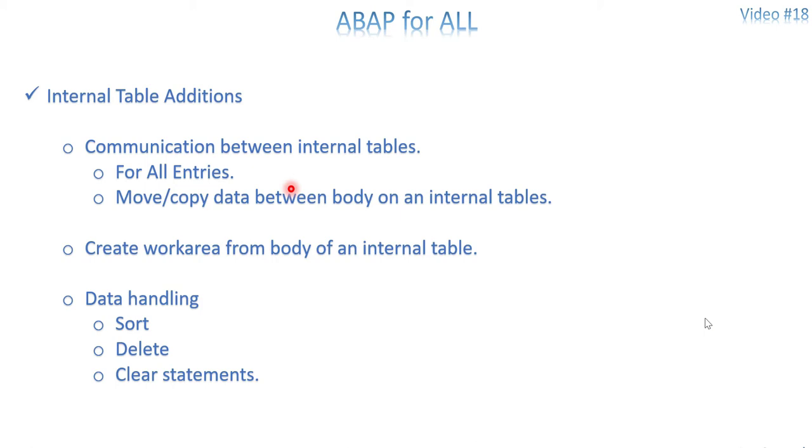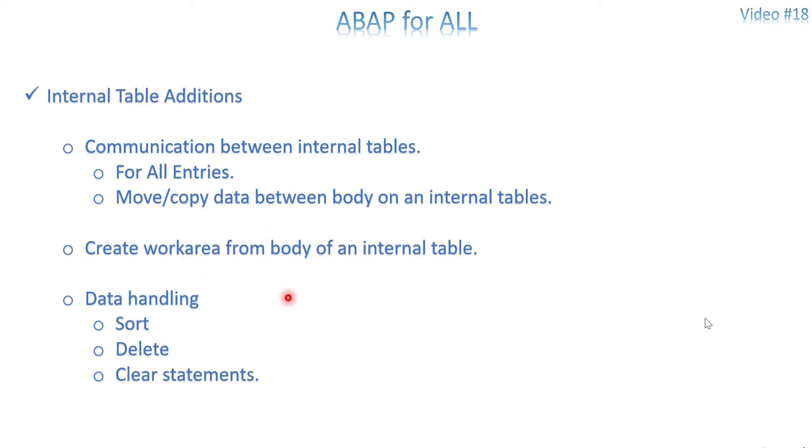For that kind of scenario we are going to use the FOR ALL ENTRIES concept. And how to move or copy the data between the body of an internal table. Work area and header line is very simple because it holds only one record at a time. So mostly communication means it's going to represent the body of an internal table only.